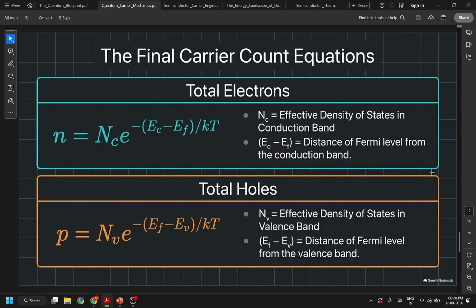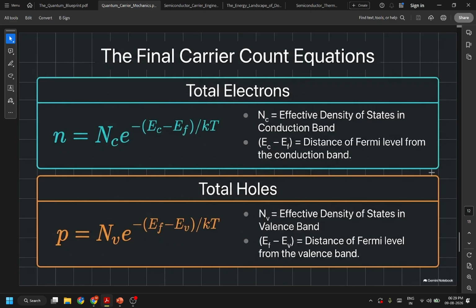And then we can use this NC value, we can apply the Boltzmann approximation to get the density at any E value, which will be given as n equals NC e to the power minus (EC minus EF) by kT, where NC is the effective density of states in the conduction band and EC minus EF is the distance of the Fermi level from the conduction band.